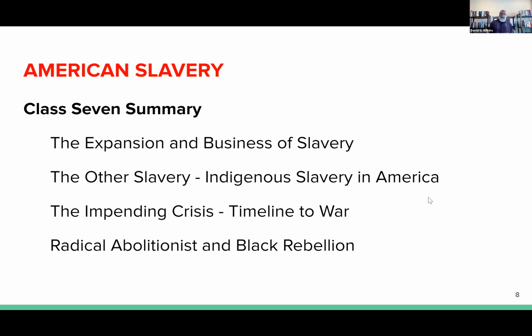Then last class, we concluded our exploration into not simply the expansion of slavery, but the role that enslaved men, women, and children played in building that economy, and the extraordinarily high rates of productivity and efficiency gained, as demonstrated by Ed Baptiste in his great book, The Half Has Never Been Told.